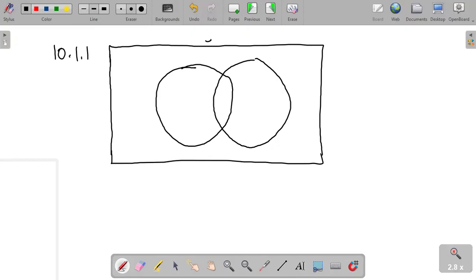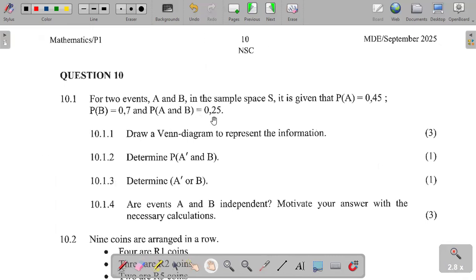And then the sample space here, so we start with the 0.25 here, because this is A and B. 0.25 is the probability of A and B, so we start with that. So there's an overlap there.